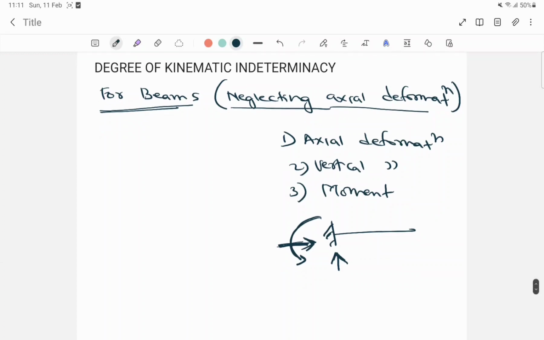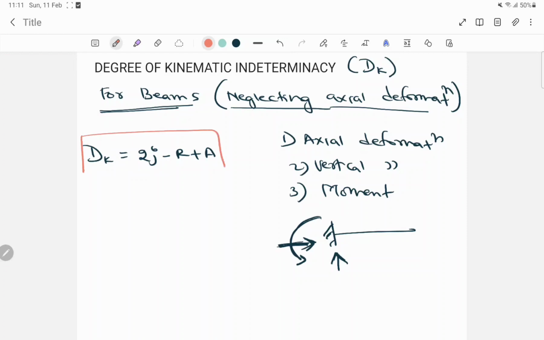Now in the case of beams neglecting the axial deformation, we have a formula for finding the degree of kinematic indeterminacy, which is denoted by the term d suffix k. So d suffix k is equal to 2j minus r plus a. This is the formula for finding the dk value for beams neglecting axial deformation.